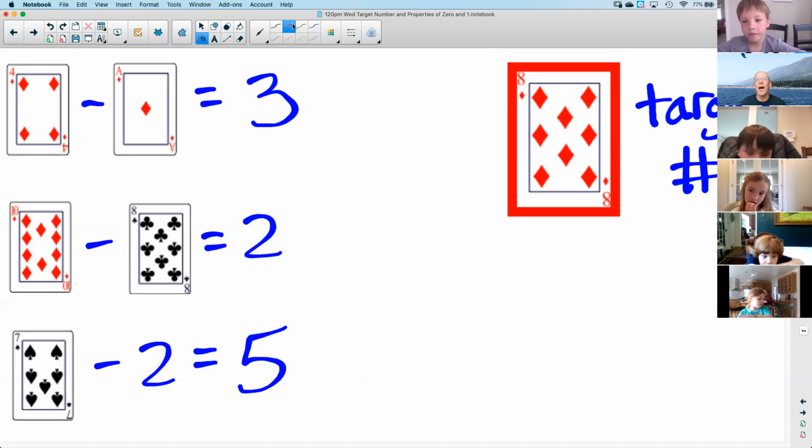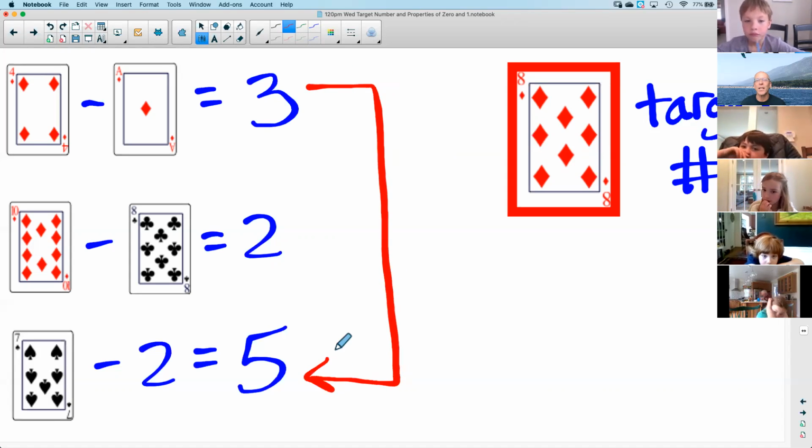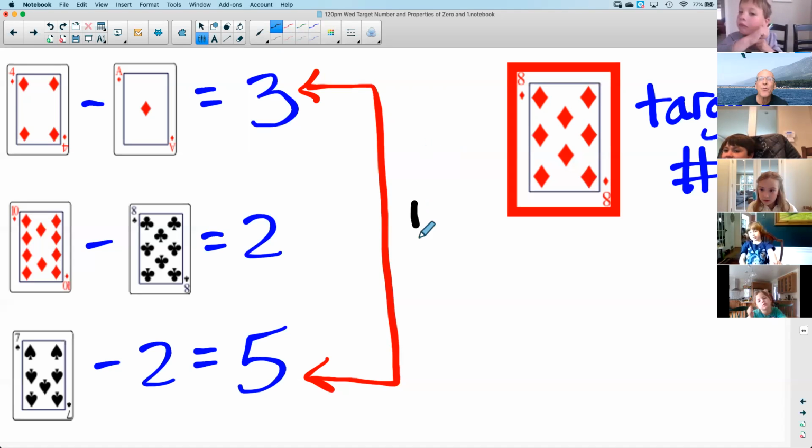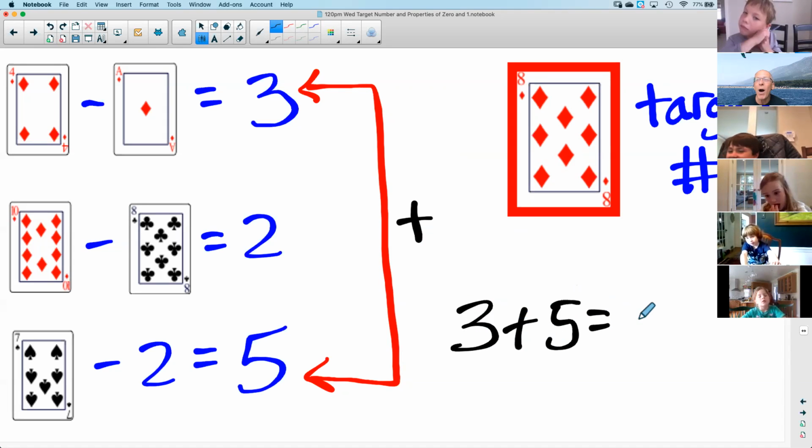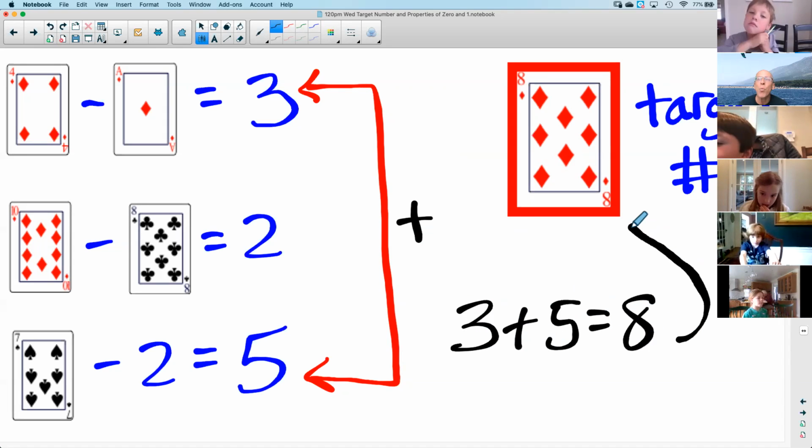Can you see what I'm going to do with the 3 and the 5? What should I do? Add. Oh my gosh. I heard Paul and I heard a bunch of other people say, Mr. Kramer, add 3 plus 5 and you get 8. And guess what? You just won.